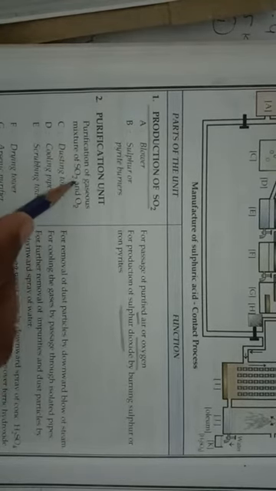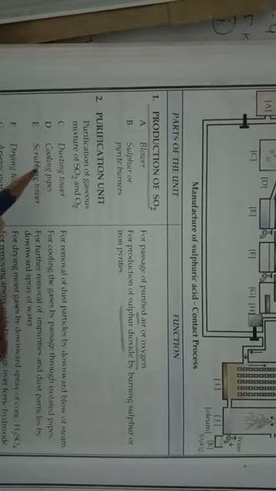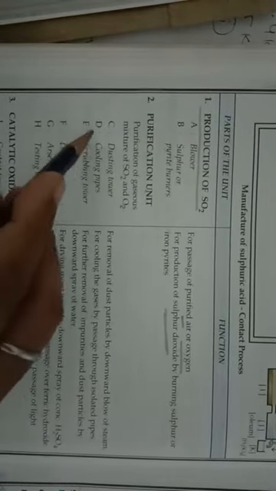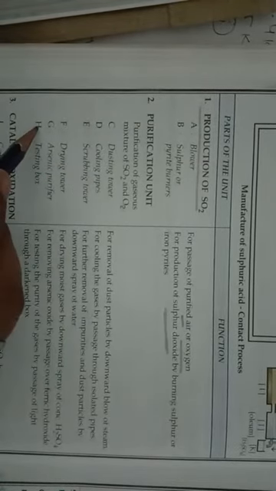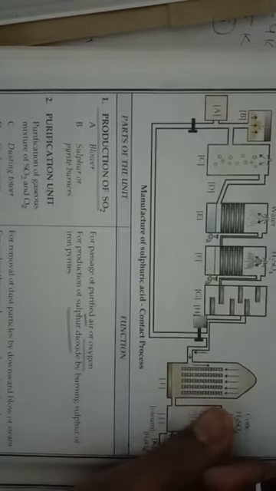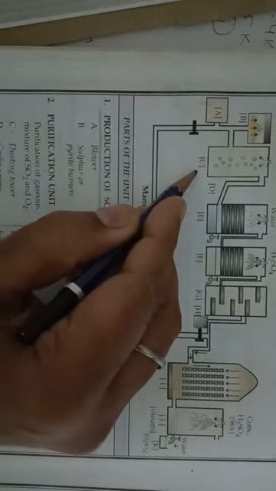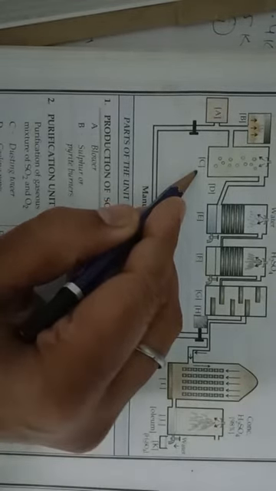It has the following parts from C to H. The part C is known as the dusting tower.